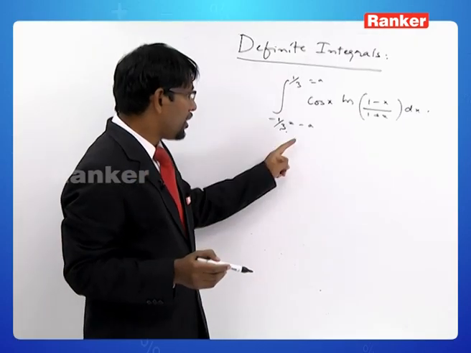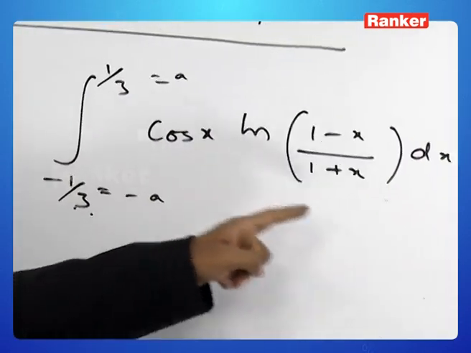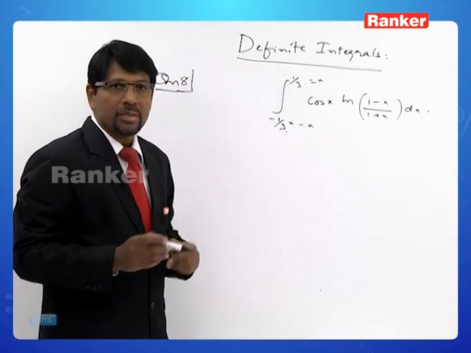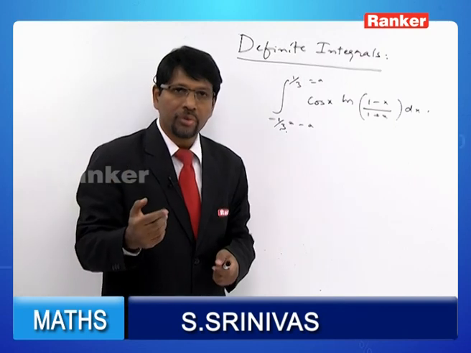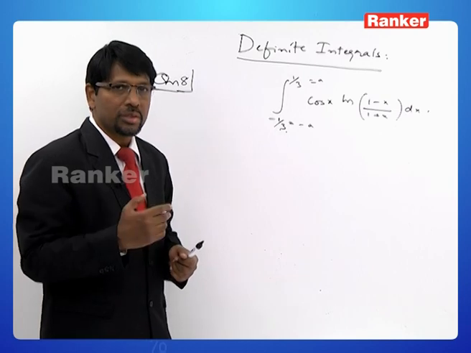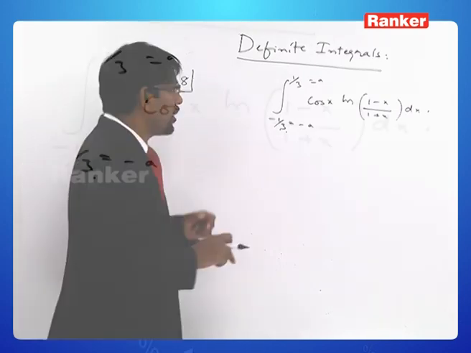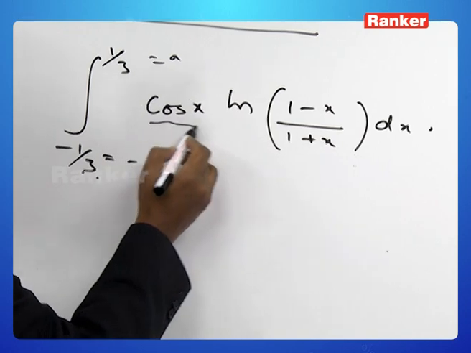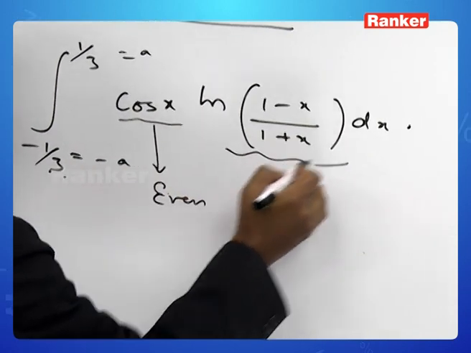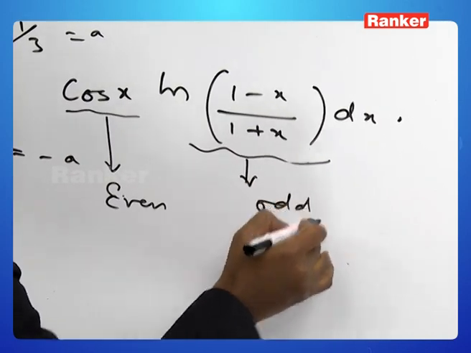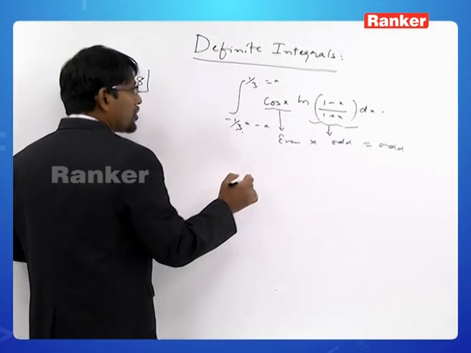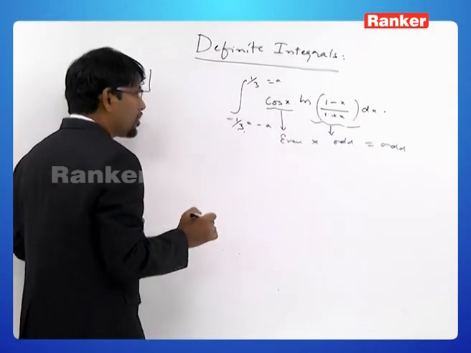Whenever you have a definite integral from minus a to a of f of x dx, we use that property: it is 2 times the integral from 0 to a of f of x dx whenever f of x is an even function. Whenever f of x is an odd function, the integral has to be 0. Now observe that this part is an even function and this is an odd function, and even into odd is always an odd function. So therefore the integral will be 0.